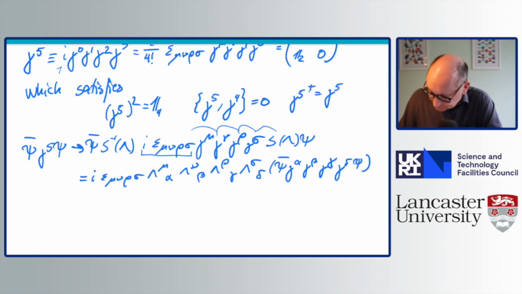Good. Now this thing here is actually the determinant of lambda.